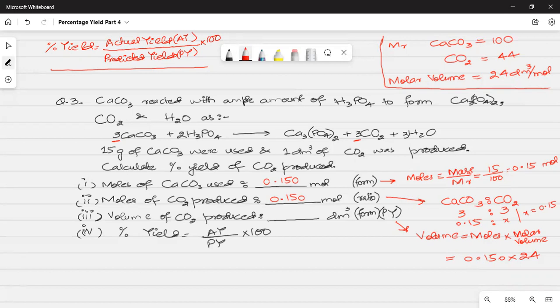So what is the answer when you multiply 0.15 by 24? Sir, it is 3.6. 3.6 decimeter cube. So I'm going to write 3.60 over here, since we need to write 3 significant figures.